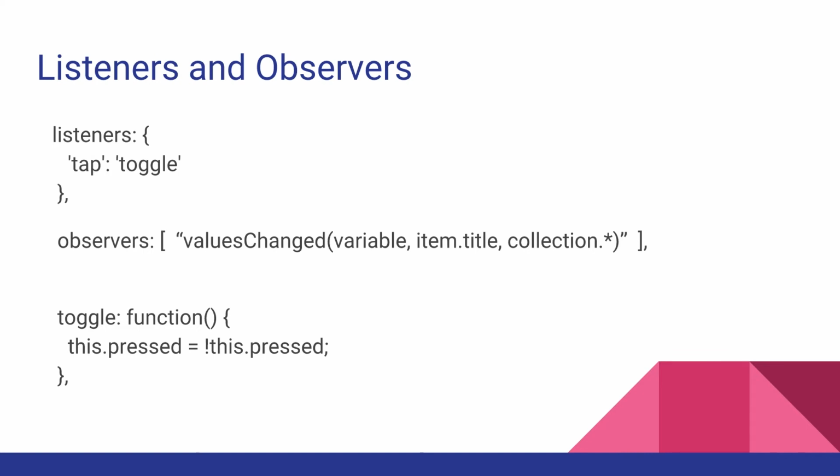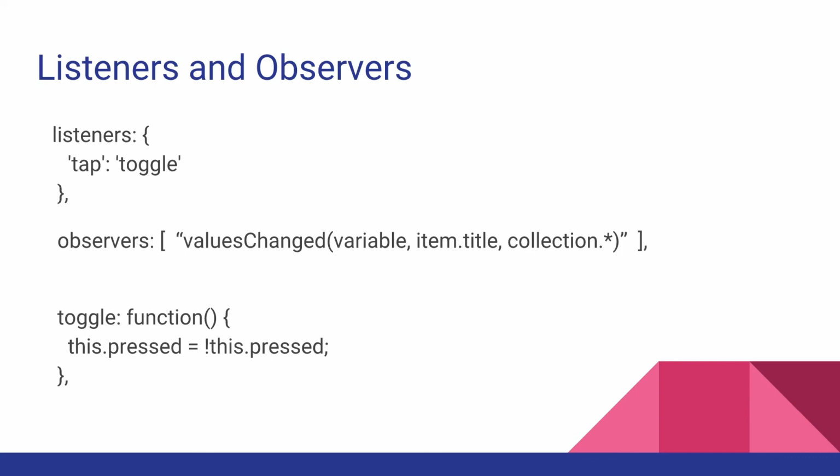Listeners and observers are another concept that you have in your script structure. You can add listeners, which listen for different events and run different functions. And this observer is very interesting because here you have a pattern where you say this function, value changed, should be run if the variable or the title in the item or anything in the collection is changed.